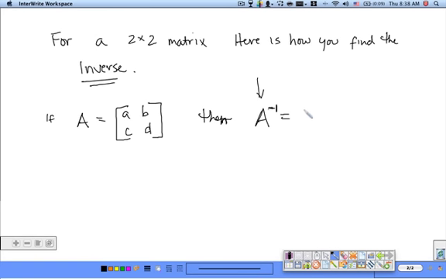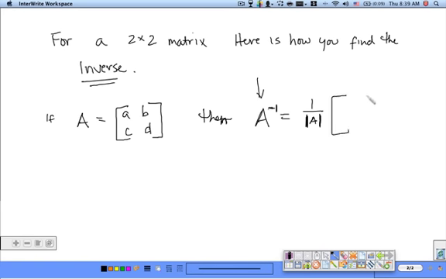Know this formula. 1 divided by, looks like absolute value, but it's not. See that right there? Notice those symbols. Looks like the absolute value of A, but that means, hopefully you remember from the last section, the determinant of A. So back here, here's A, so find the determinant of A.